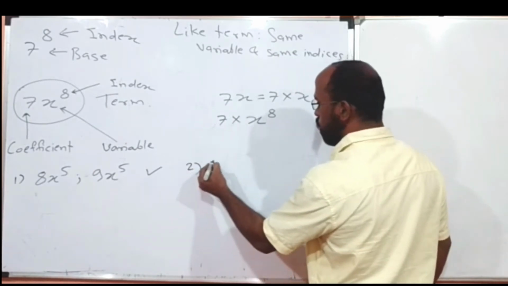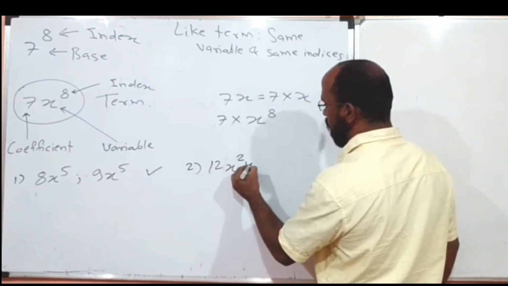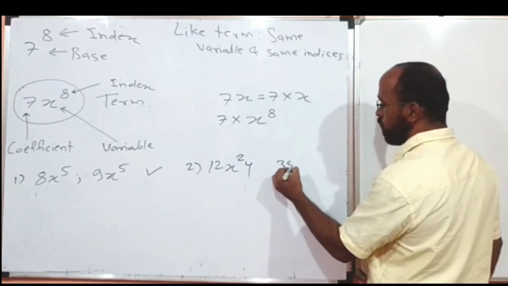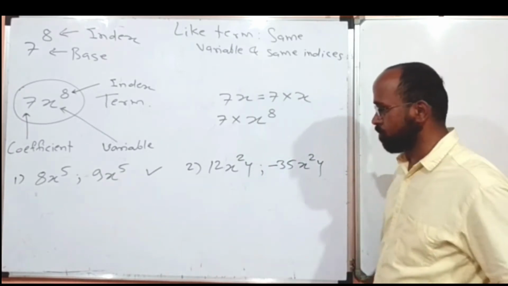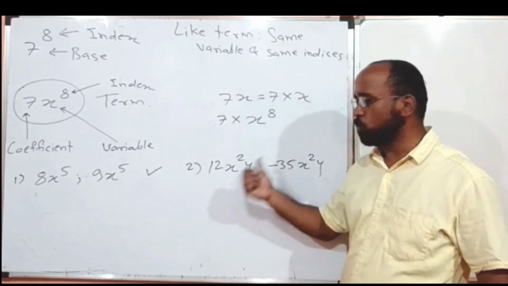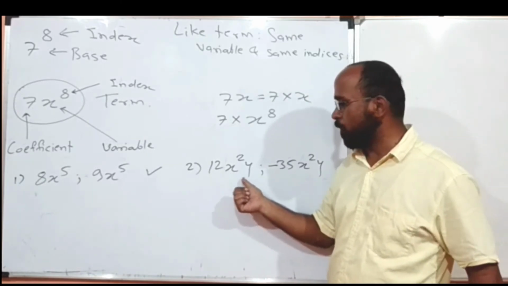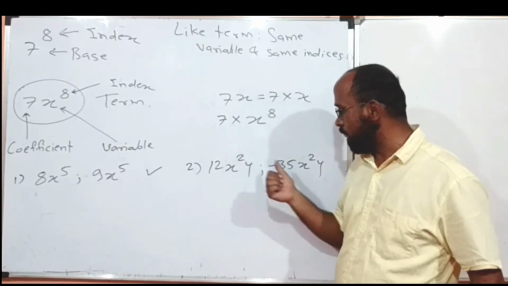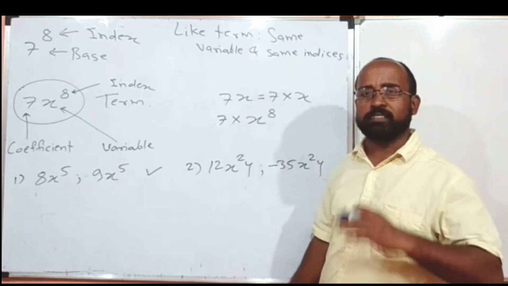Suppose 12x square y and 35x square y. Again in these two terms, what are the variables of the first term? They are x square y, and second term x square y. Are the variables and indices same?